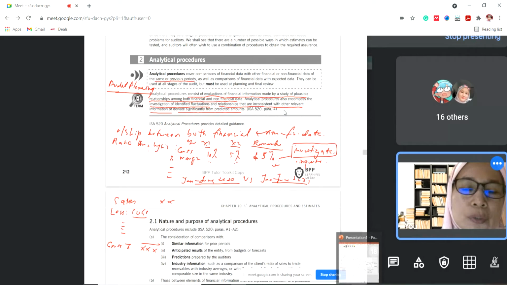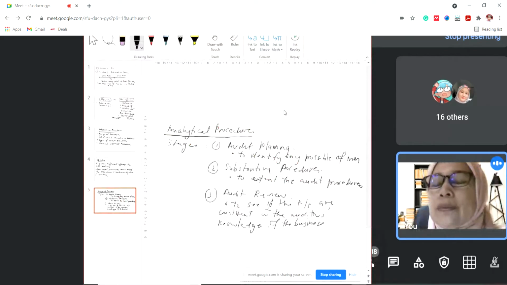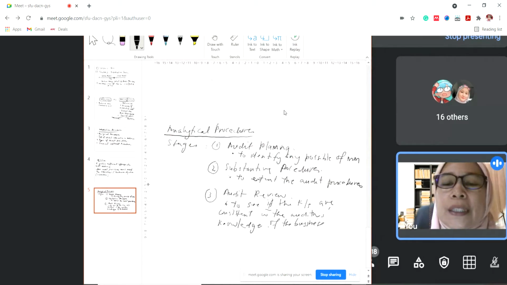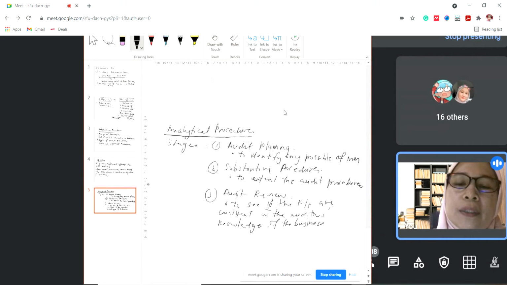So this is what I said just now. When you perform the analytical procedure, it must be done. At the planning stage, you don't have a choice. You must perform the analytical procedure. And at the substantive procedures, it should be performed.